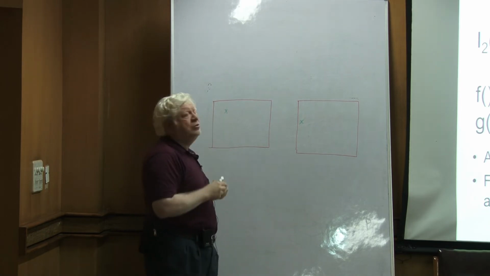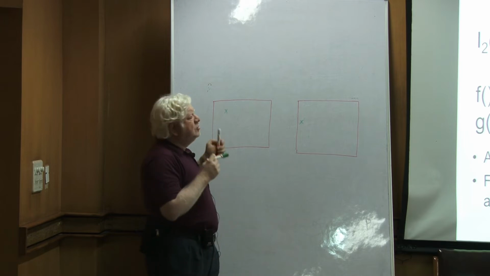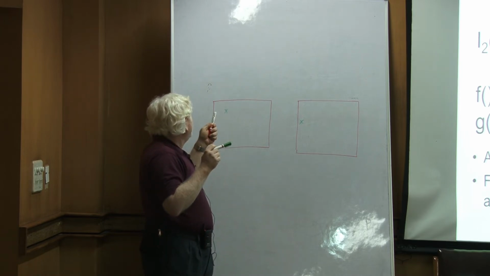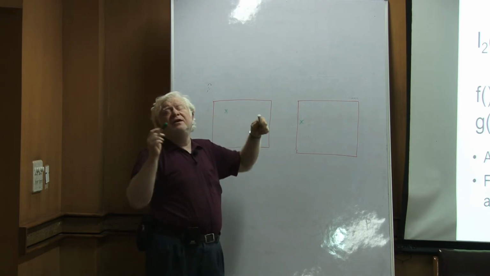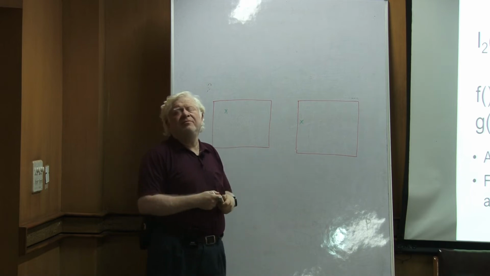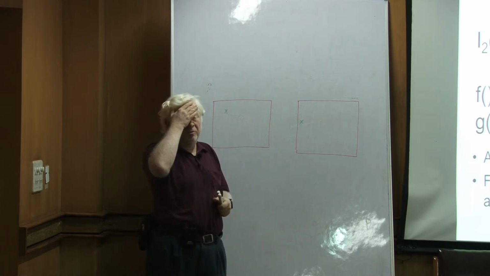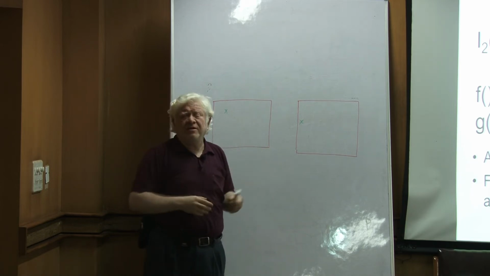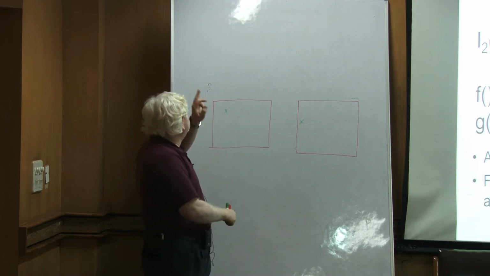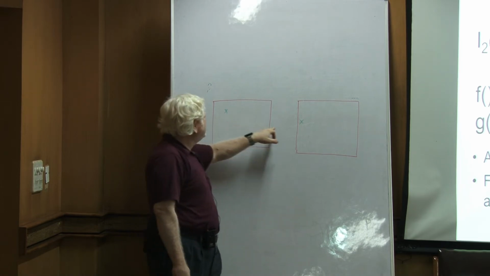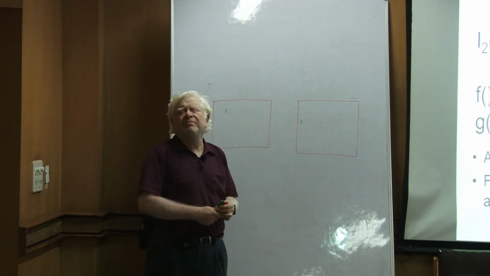So, in order to evaluate how much the camera has moved in this case, let us say, or the object has moved, one has to correlate the position of the object in this frame with the position of the object in this frame.